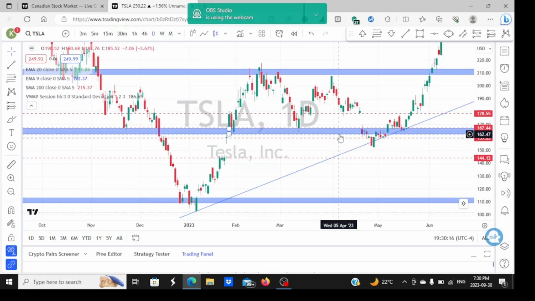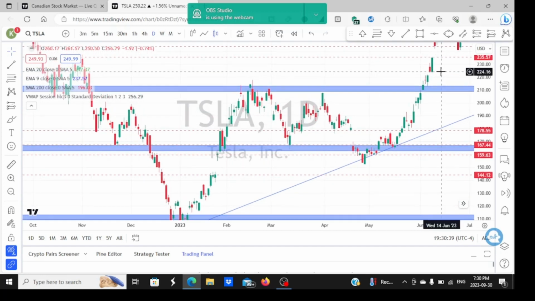So once the stock comes back to this number between this 144 and 159, there are buyers sitting here. And you can see that the sellers came in and then the buy orders just moved the stock up strongly. Lots of buyers even break the resistance right there.